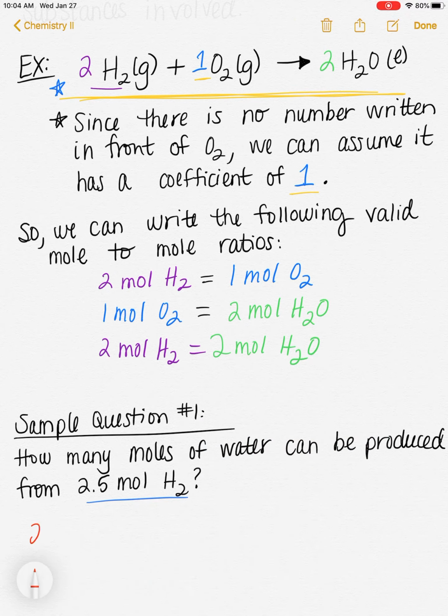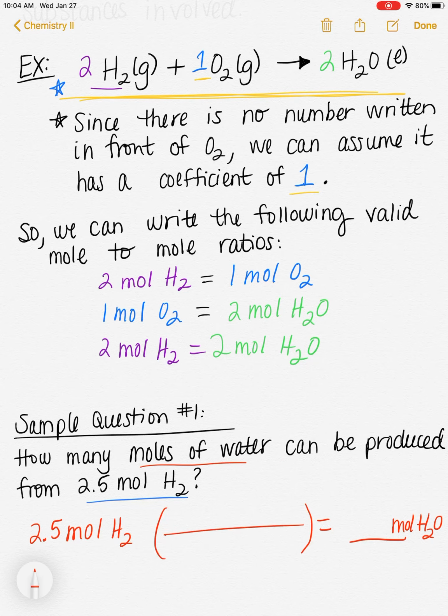So I'm going to write the number and unit that I am given, 2.5 moles of H2. And I am supposed to convert that to moles of water. Now, as long as I have a balanced equation relating those two substances, H2 and water, I can go from moles of one thing to moles of another in one step.